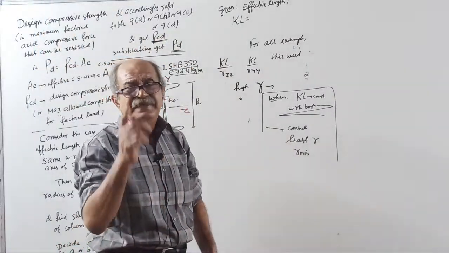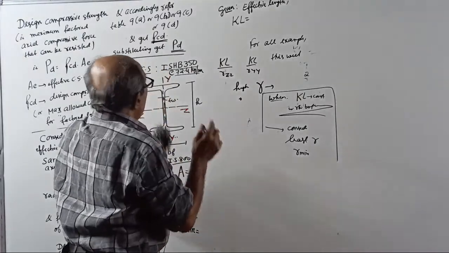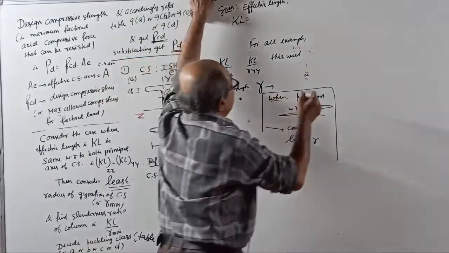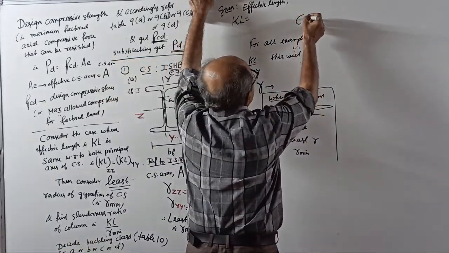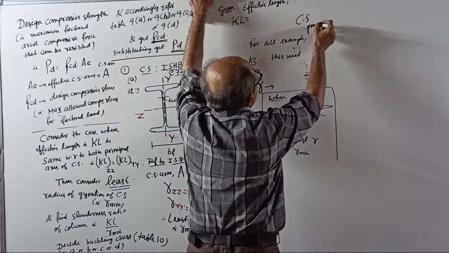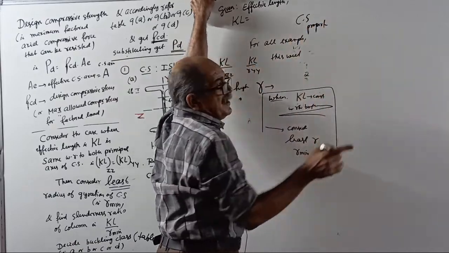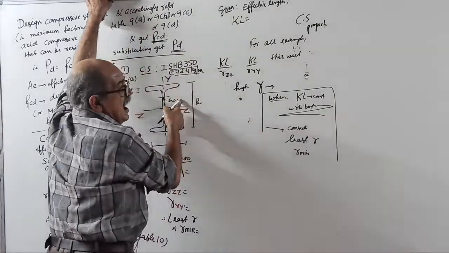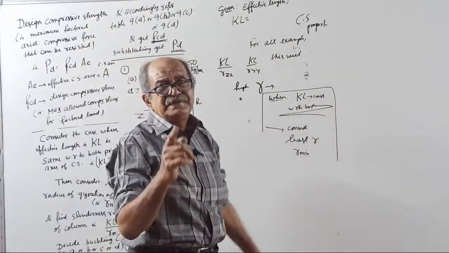But remember, always when you solve a question, make a practice. First you write the cross-sectional properties. Make a note: whenever you start a question, always first write the cross-sectional properties.